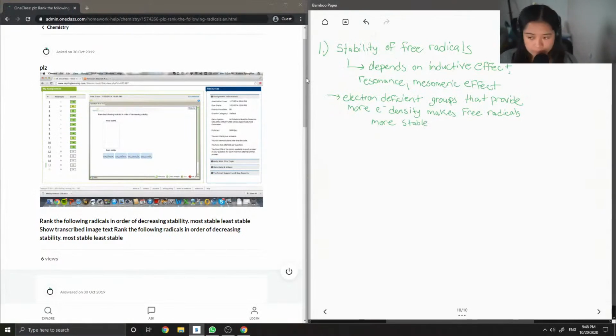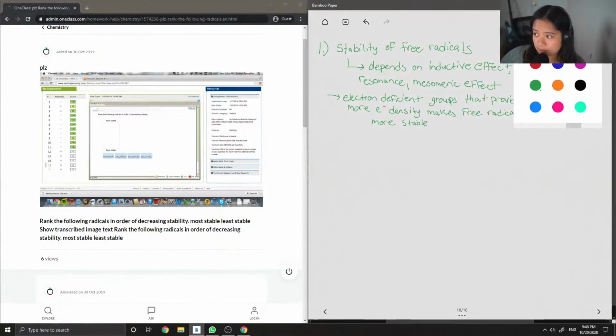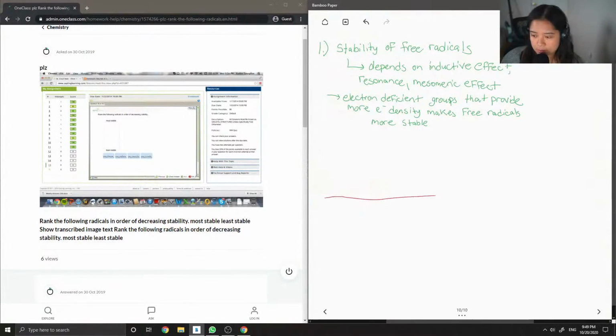Okay, so I'm gonna draw out just like a line graph from the most stable to the least.